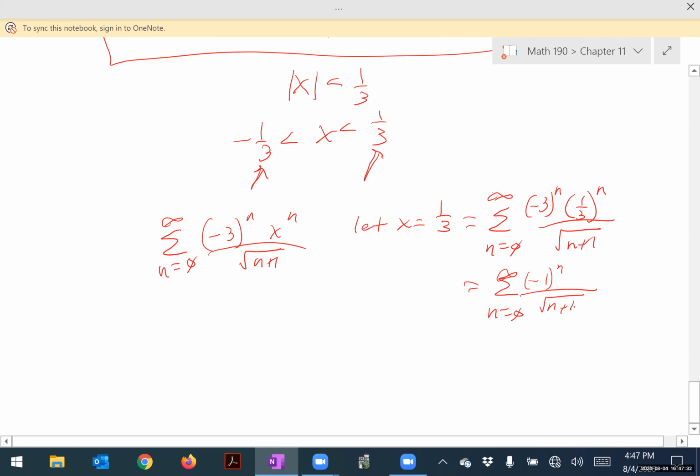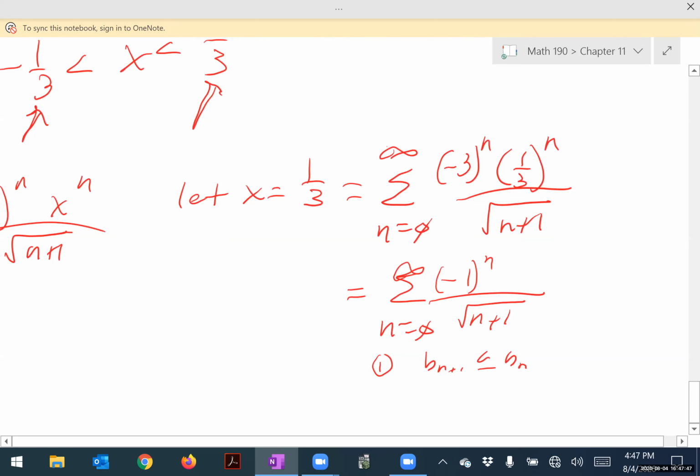How do I know that by the alternating series test this converges? Well, does b sub n plus 1 be less than or equal to b sub n?